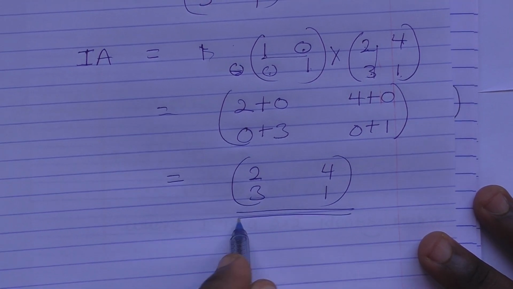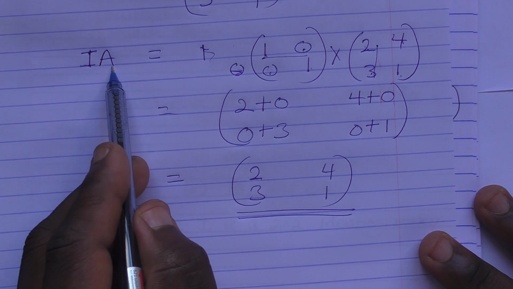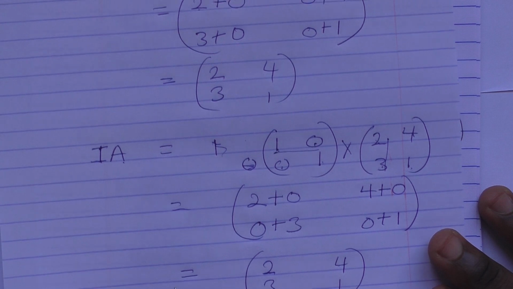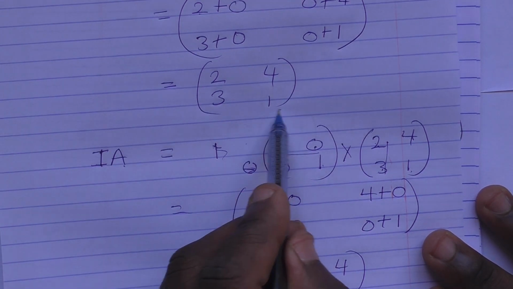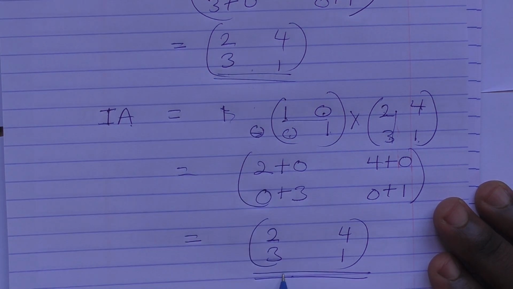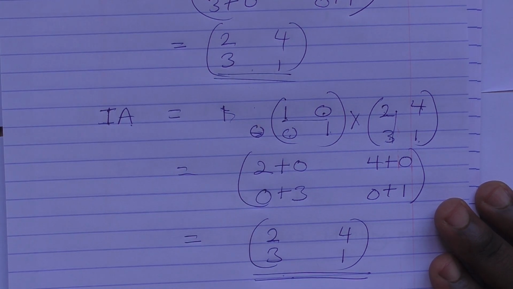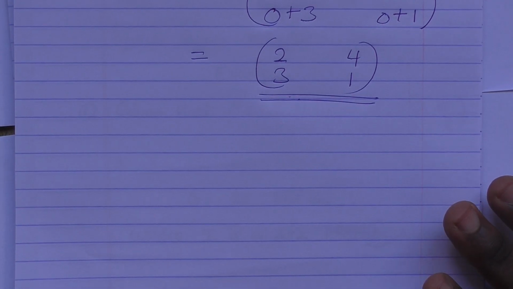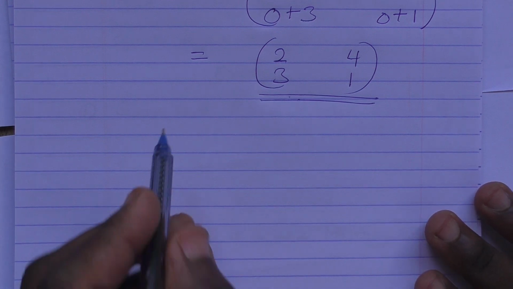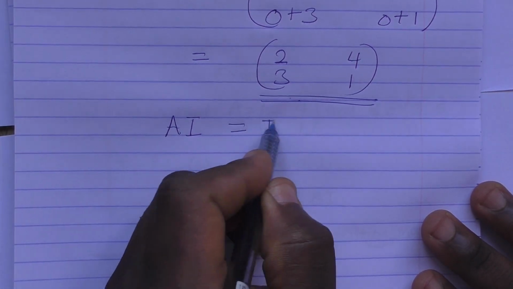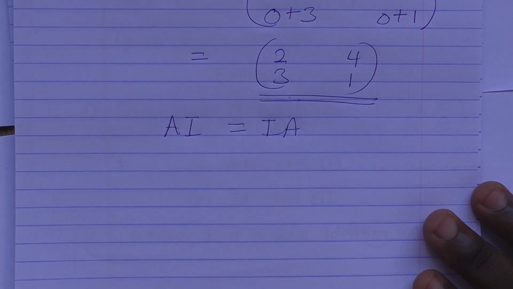So you see that IA, which is given by this, is equivalent to AI, which is given by this. These ones are the same. That means that the condition for the identity matrix multiplication property, which says that AI must be equal to IA, has been satisfied.